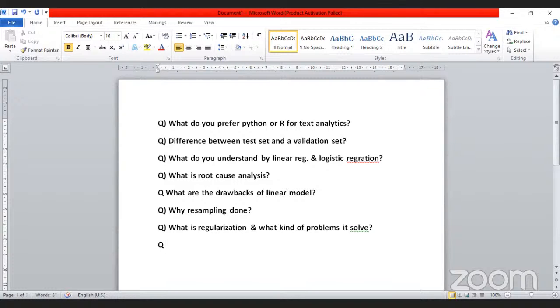Okay, now the next question is: what is multicollinearity and how can we overcome it? This is the most important question. If you are choosing regression, they are going to ask you this: what is multicollinearity and how do you overcome it?